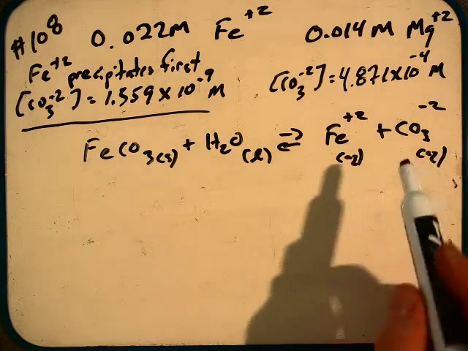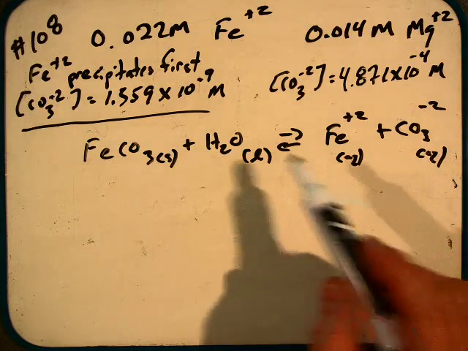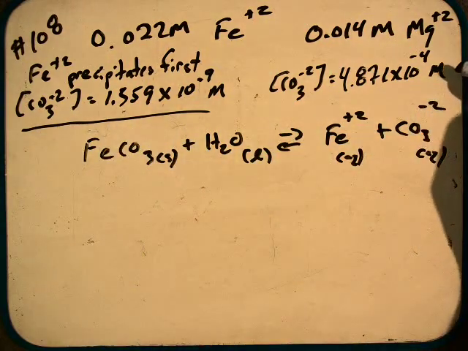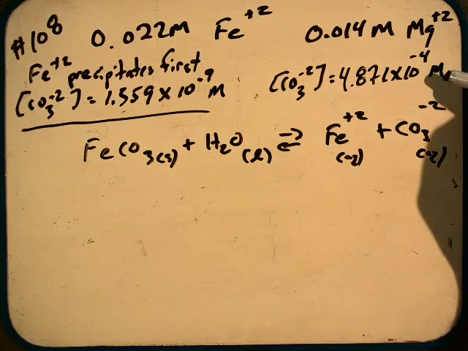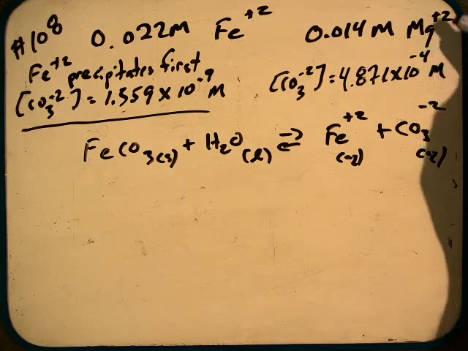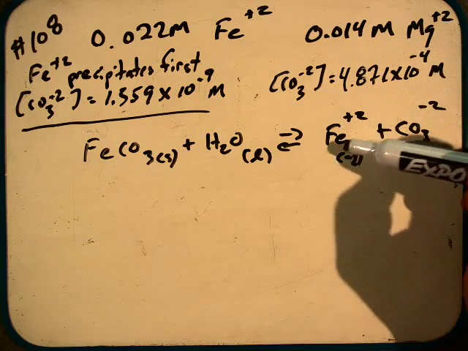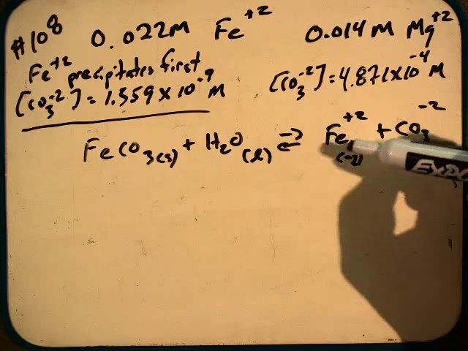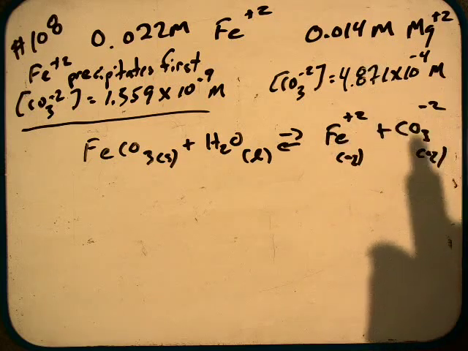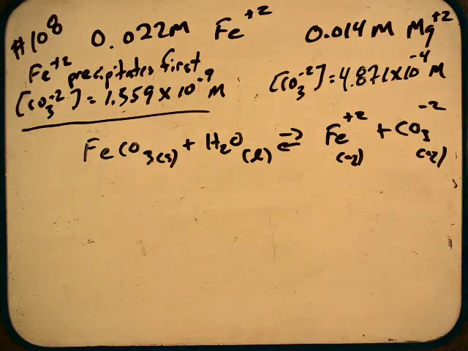But the question is really asking, once the carbonate concentration reaches the higher mark, because at this concentration, that's when the other ion begins to precipitate, how much of that iron is actually still left in solution?